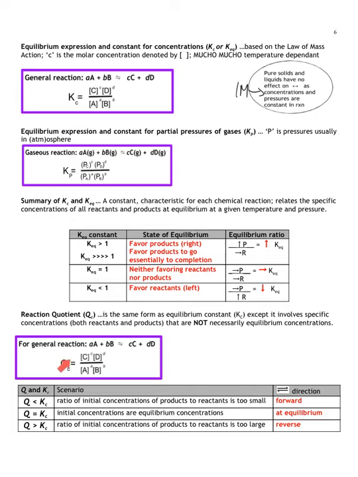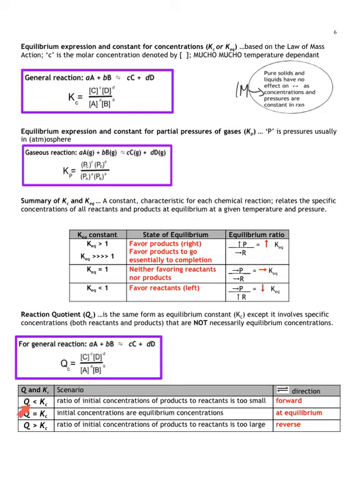So what we like to do is compare Q to Kc and know whether the reaction lies to the reactants or the products, and whether the reaction is going to try to get to equilibrium by shifting in a certain direction, forward or reverse, or whether it's at equilibrium. Q doesn't look different from K. It's pretty much the same thing. Again, these concentrations are not necessarily concentrations at equilibrium.